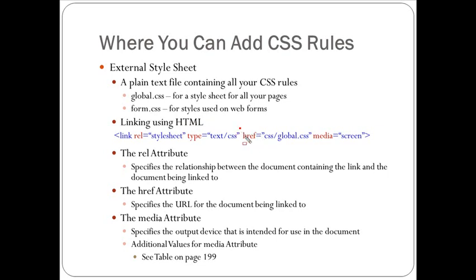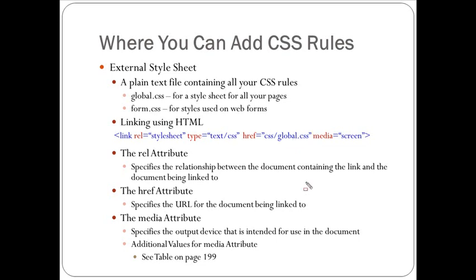The href would be the path or the URL to where that file is. And again, this goes back to week 2 when we talked about root relative and document relative and absolute paths. That would be what's going in here. This is saying that it's in the CSS folder and the name of the file is global.css.